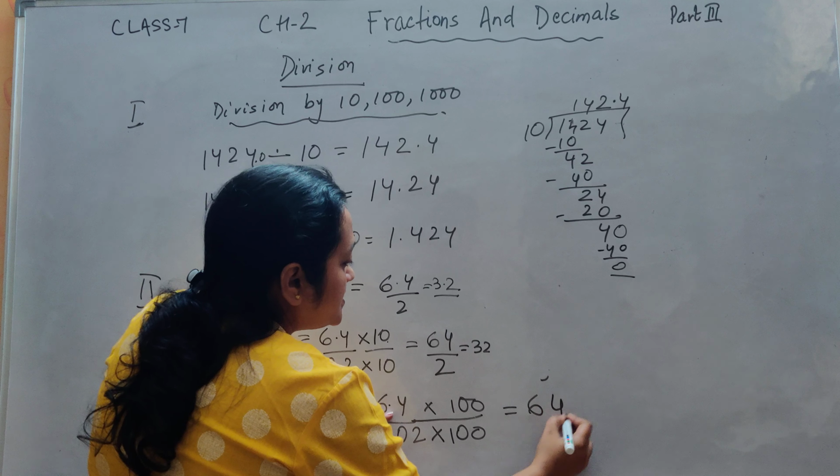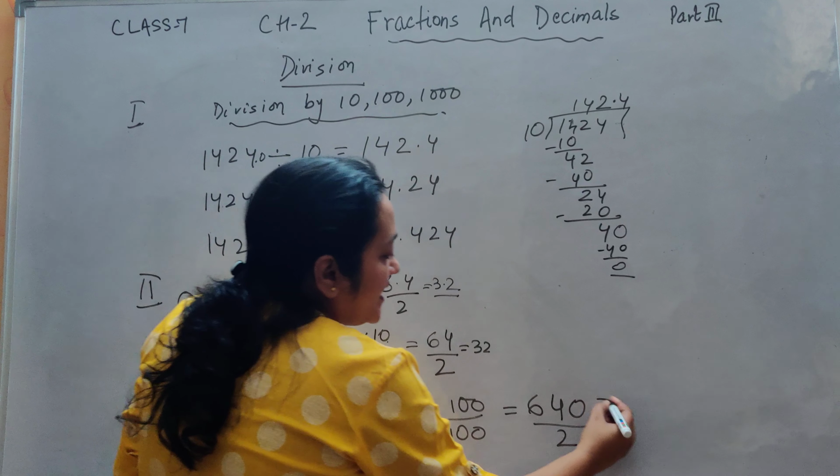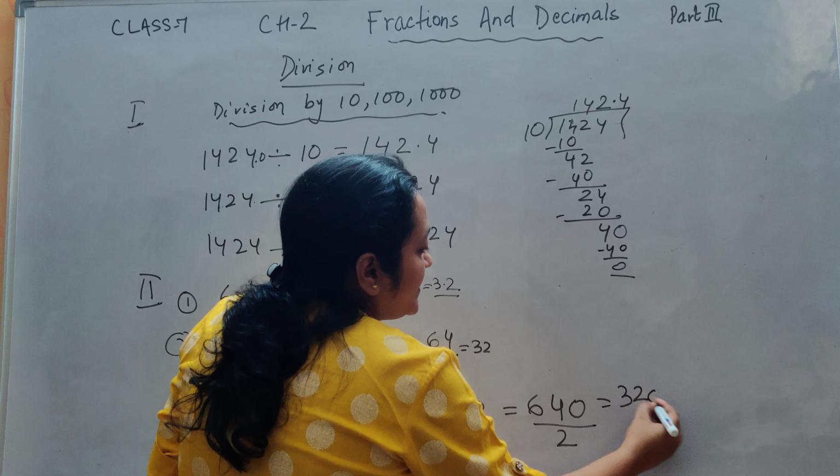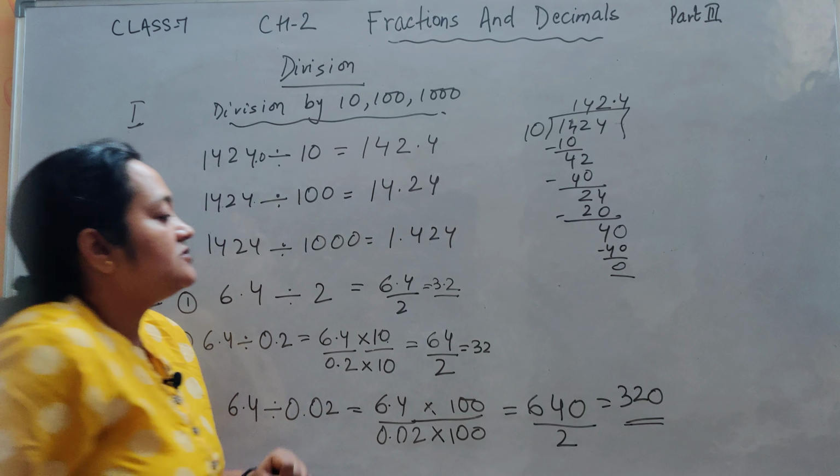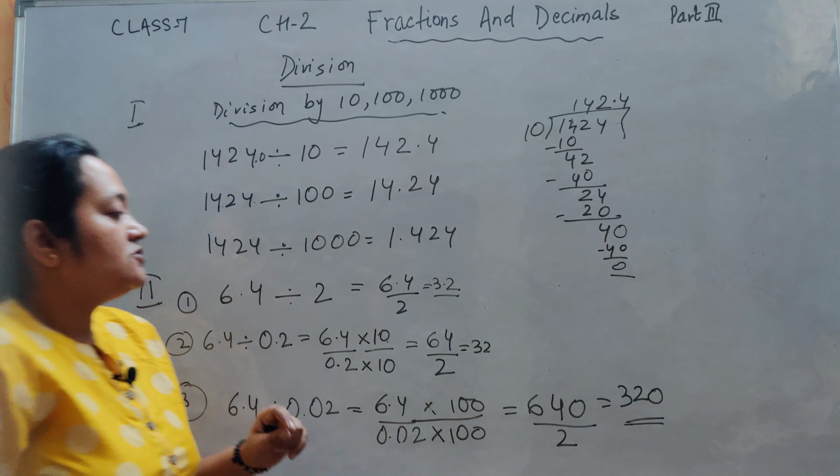In the denominator it will become 2. So in this case my answer will be 320. I hope you can make out the difference. What do we get if we divide by 2, 0.2 or 0.02? Like this we do all the division problems.